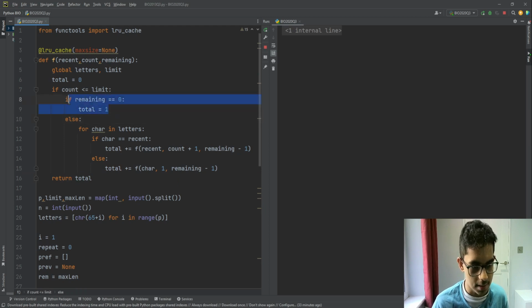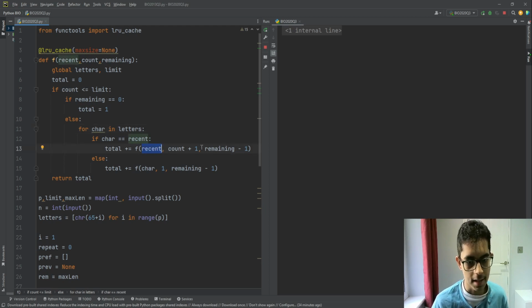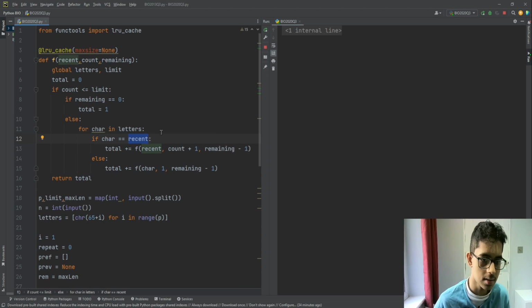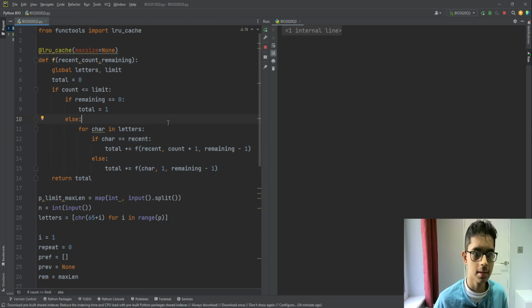Otherwise, this is our base case, but our general case is this. For each of the characters in the letters, if the character is equal to the recentmost character, then we pass the function with the recentmost character as the first one, and then the count plus 1. I'll come back to this, but in case you didn't understand the purpose of the recentmost character, it's because this f function outputs the number of permutations starting with a certain character.